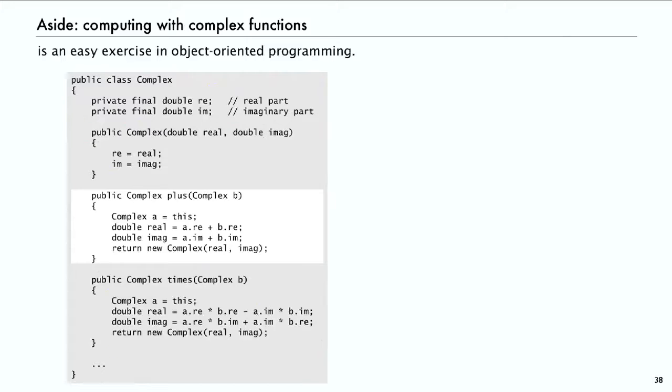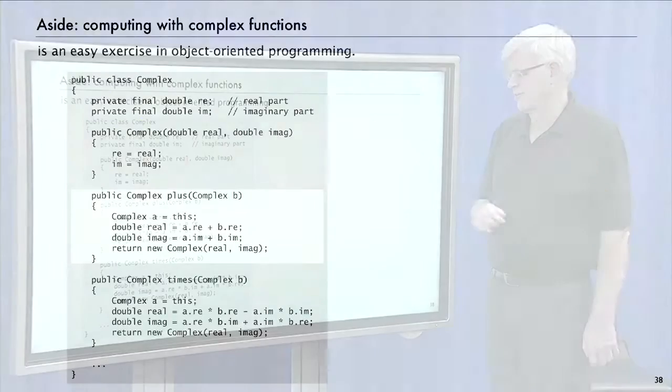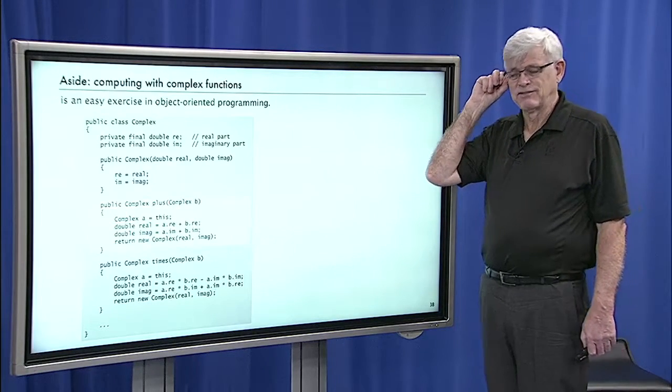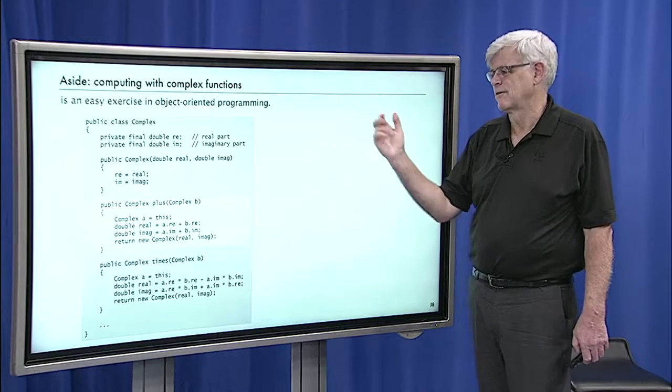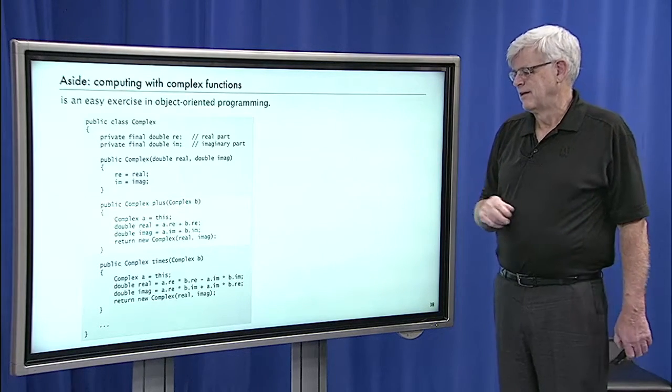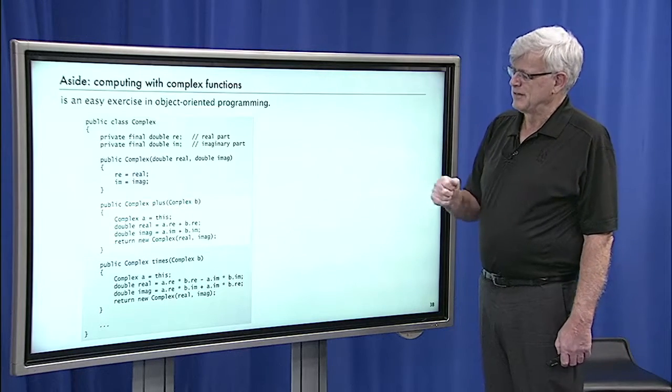And then make a new complex number with that real and imaginary part. That's the result of the plus operation. And times has the cross multiply exactly as defined, and we can go ahead and write code for the other operations. And that code will be posted with the website.